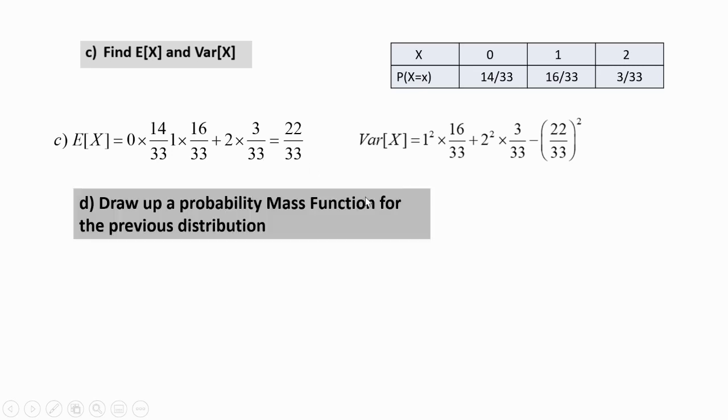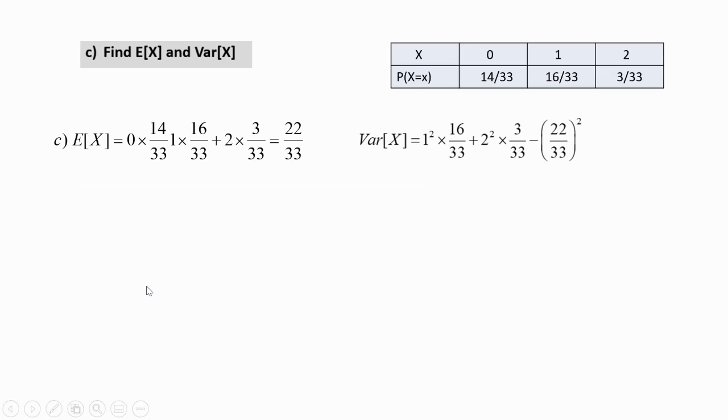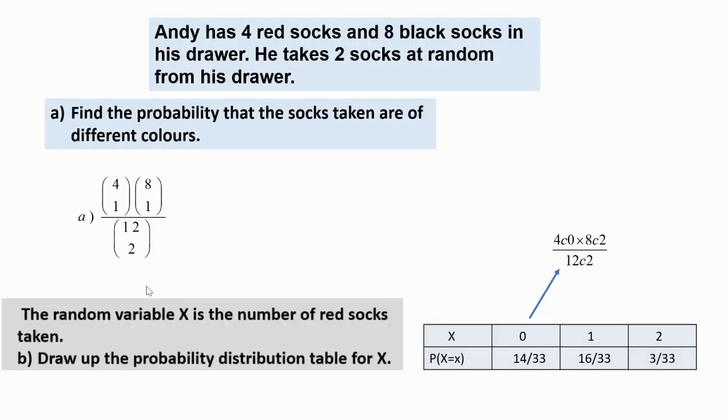Okay, so then the last question here is draw up a probability mass function for the previous distribution. So actually what they're asking you to do is find a formula, all right? And we already know that the formula that we had was hypergeometric, all right? So I know that I can now put in a value of x to get my solution.